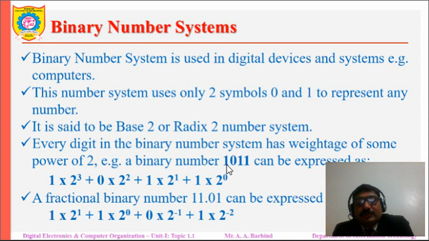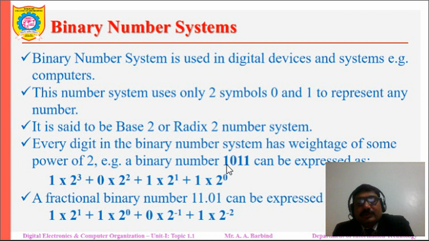Whereas if you go towards the right from the binary point, then the weightage of each binary bit decreases, and it has some negative power of 2. So this is the characteristic of the binary number system, and as discussed, it is used by digital systems.